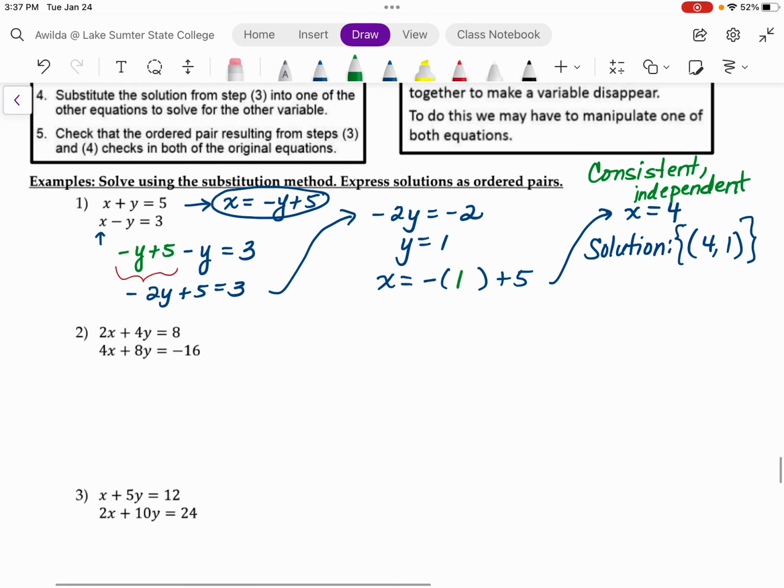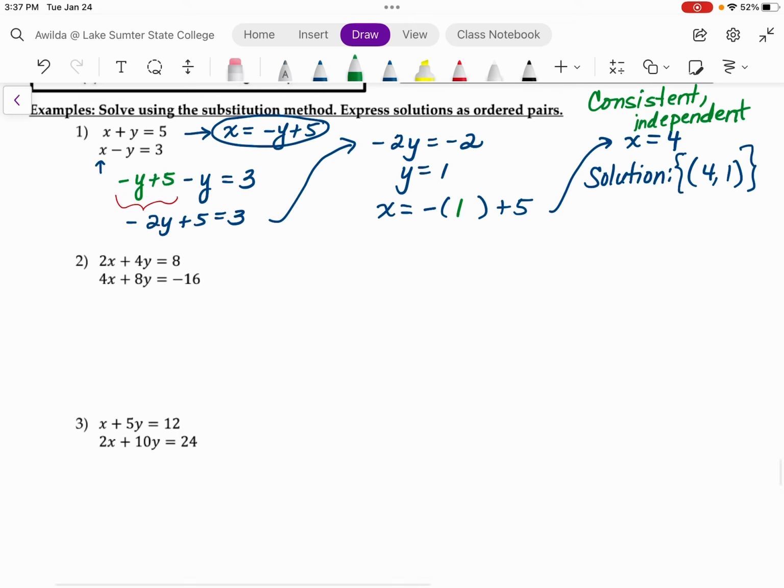Let's do something similar with the next example. In this case, we have 2x plus 4y equals 8 and 4x plus 8y equals negative 16. This one makes it a little bit less straightforward which equation to use first and which variable to solve for. It really doesn't matter. It's a matter of preference. So I'm going to take the first equation and let's isolate y in this case just to be different. So first I'm going to subtract 2x from both sides. And I'm going to divide both sides by 4.